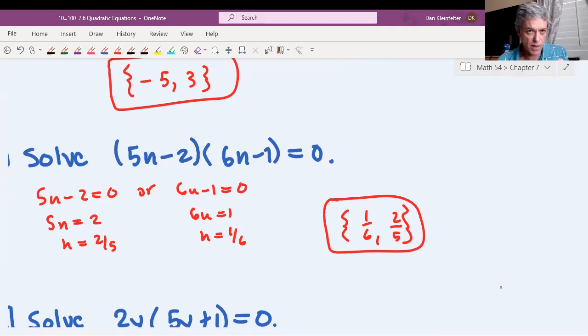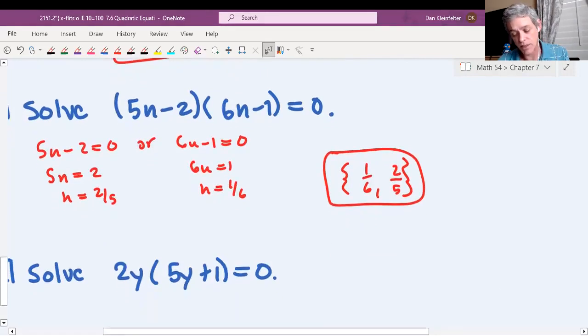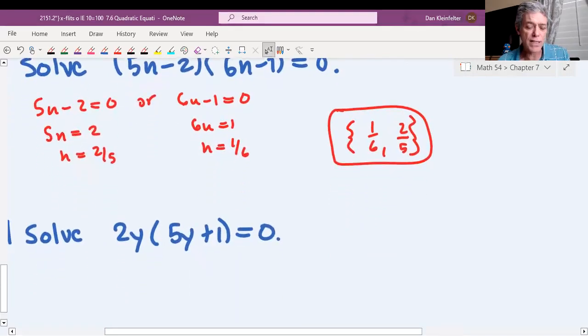Frequently, the curly brace is already there for you, and you just have to type the numbers in between. So take a look at what's surrounding the answer box if you're doing this online so that you know what to type. Okay, but important thing there, we're not giving expressions with a variable for an answer. We're not going to type n equals 2/5 or n equals 1/6, just the numbers themselves, 1/6 and 2/5.